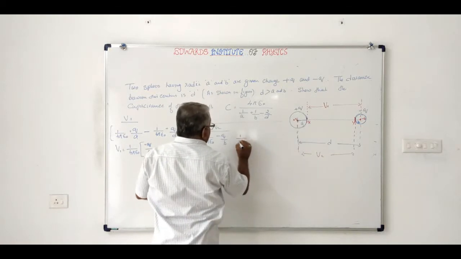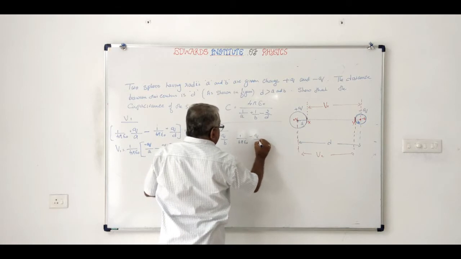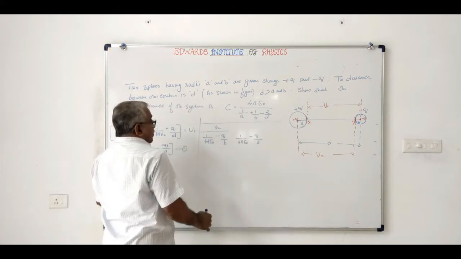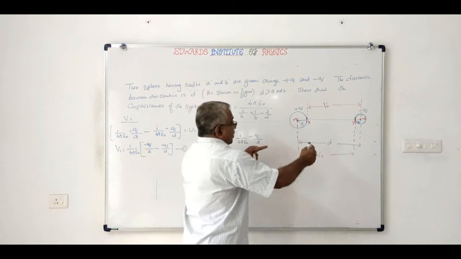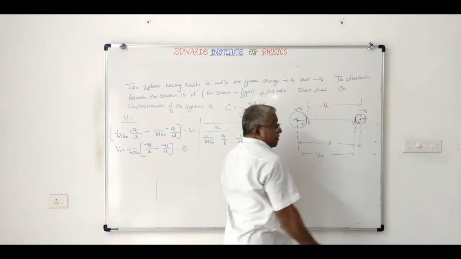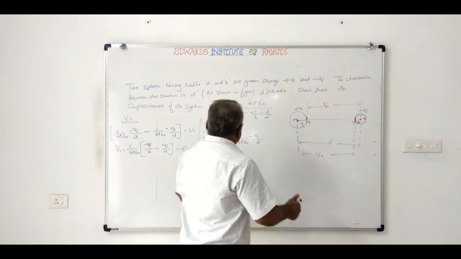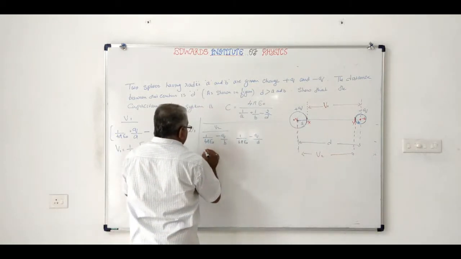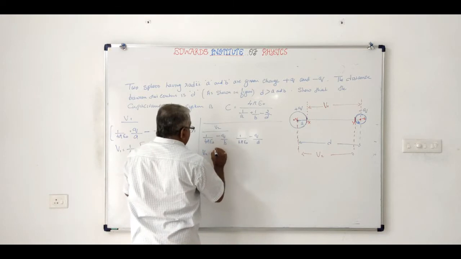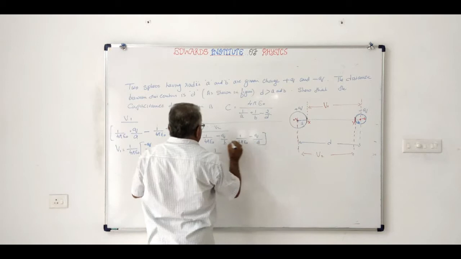That will be 1 by 4 pi epsilon 0 times minus q by d. And what will be V2? V2 will be this minus this. Here the potential is higher, even though it is negative, we will take it like that. So V2 will be equal to 1 by 4 pi, and this will give V2.